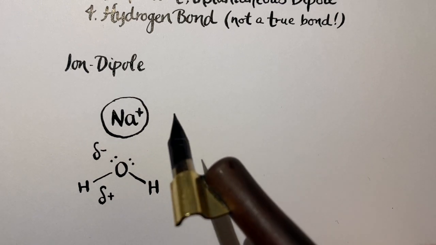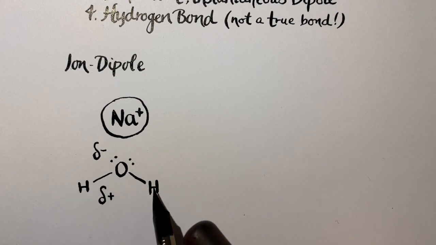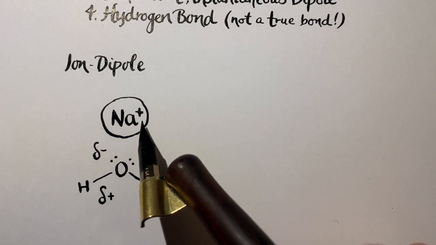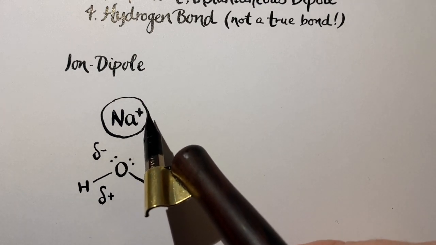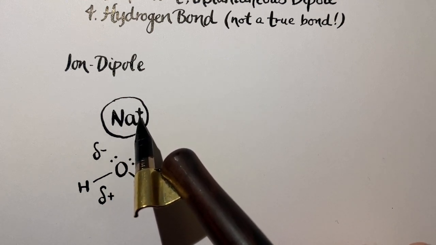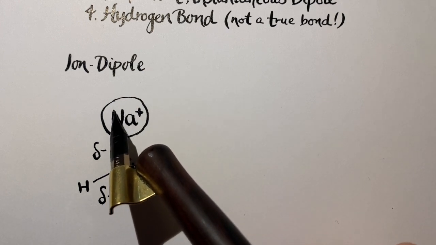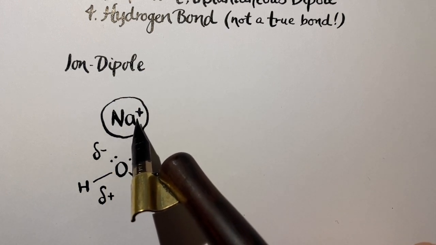And then, when you consider the molecule that's a dipole, and how it's going to interact with the ion, this is a full +1 positive charge. So everywhere here it's the same. It's all positive.